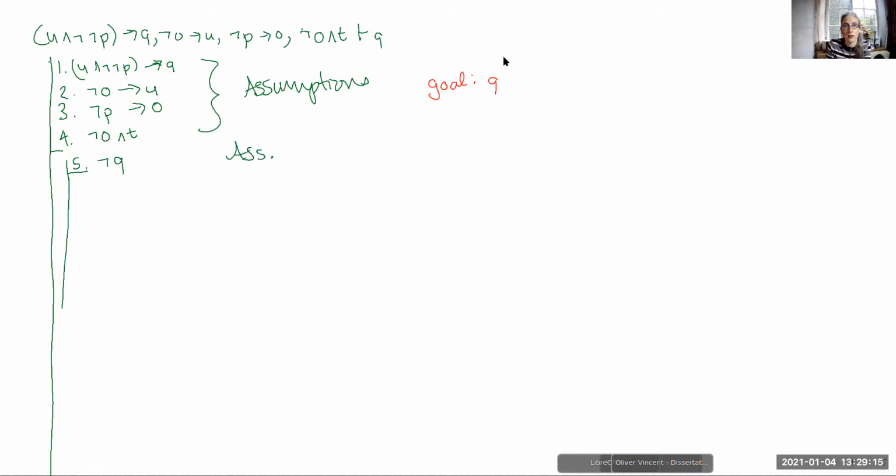So the annotation is assumption, and then again, note to self, goal, get a contradiction, and then we will use the negation elimination rule. What I'm writing in red are just notes to self. They're not formally a part of the proof in the way that the annotations in green are. So now our goal is a contradiction.